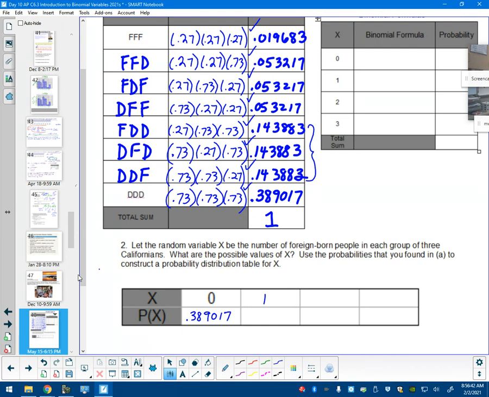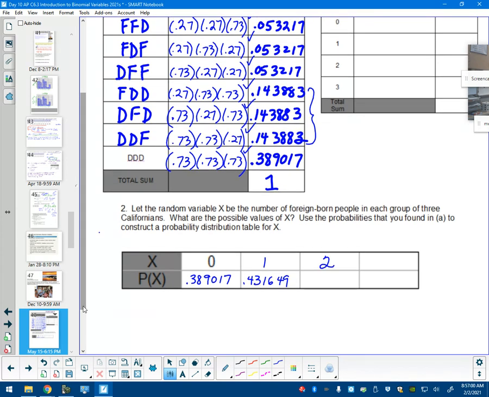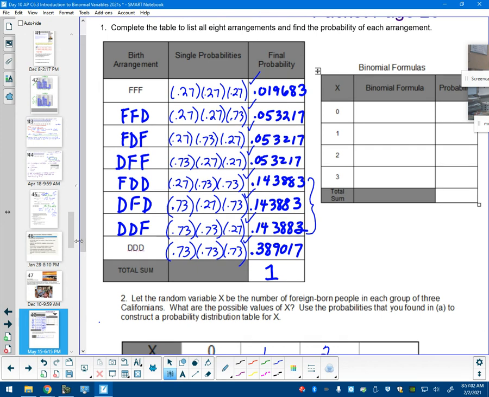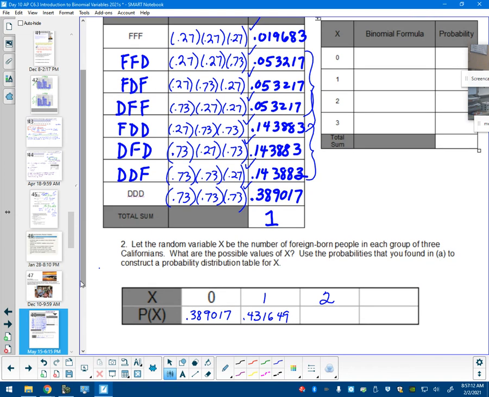So, Sophia, if you could do 3 times the 0.143883 for us. 0.43161. All right. And if I have 2 foreigners, and it's a combination of all those, it's going to be approximately 15, a little bit higher than 15. Garrett, take 3 times 0.053217 for us.